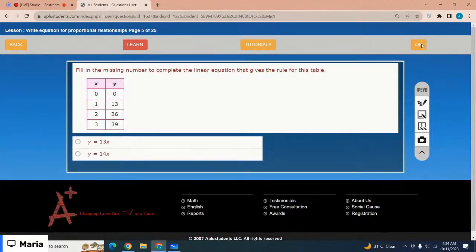Fill in the missing number to complete the linear equation, which is the correct option. Yes, that would be y equals 13x.